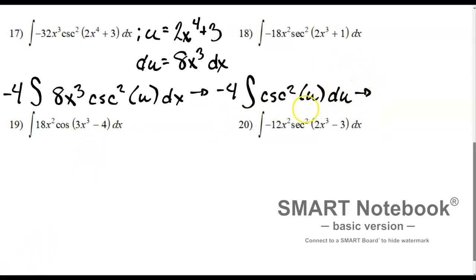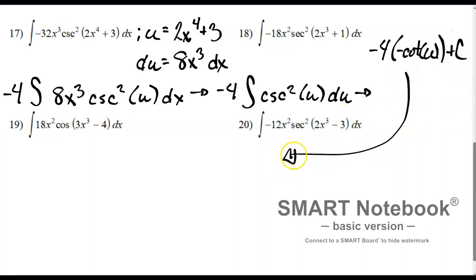If you're looking at what number that is, basic integration formula number 13, you're right on point. So we've got negative 4, which turns into negative cotan of u. We'll just put u for now. I need some space here.